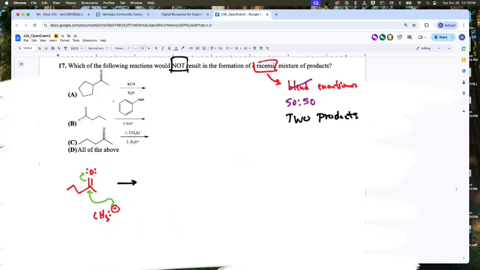In the p orbital, which means when that carbon comes in and attacks, it could come in and attack from on top. In which case, I should get a wedge CH3, and where should my oxygen be? I just realized I drew this wrong. It should be dashed.